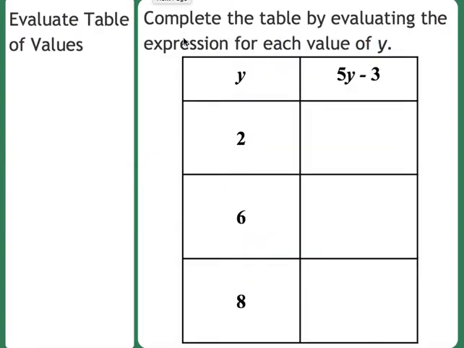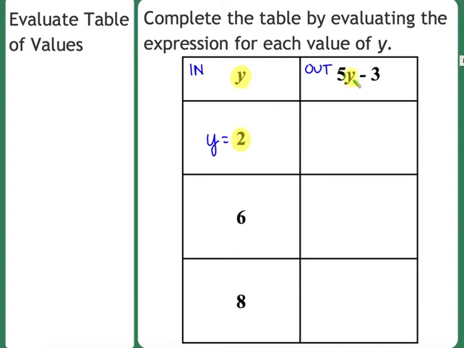Alright, next up we have a table. Remember, this is similar to an in-out table. Actually, it is very much an input-output table. So the goal is we are going to put in the value in the left for y. So for y, we want to put in the value of 2 into the output expression.